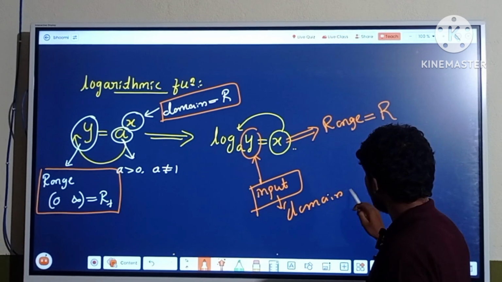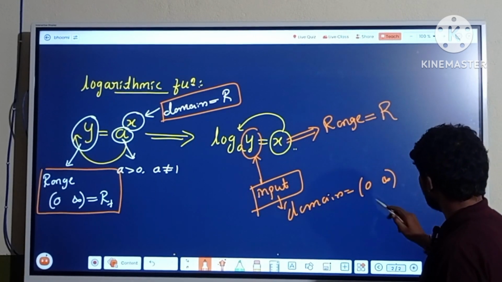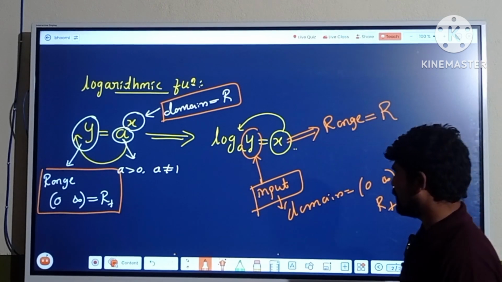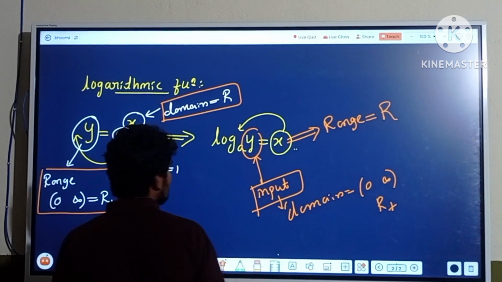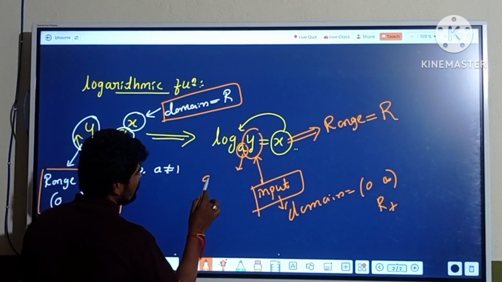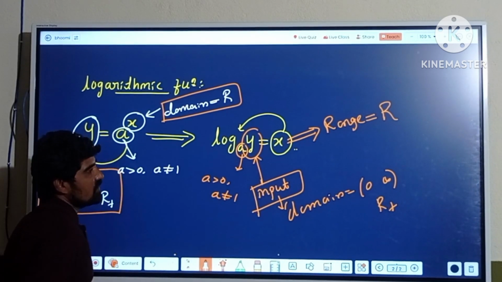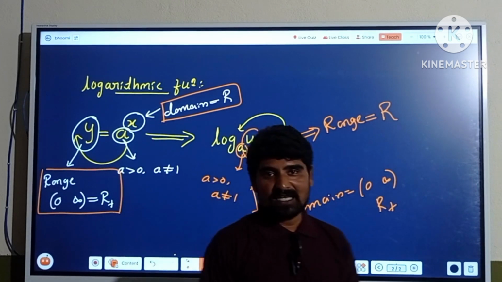So what is the domain of the logarithmic function? By observing this, we conclude that it is the set of positive real numbers. I hope all of you understand. And one more thing, what is the condition on the base? a should be greater than 0 and a should not be equal to 1. So this is all about the logarithmic function.